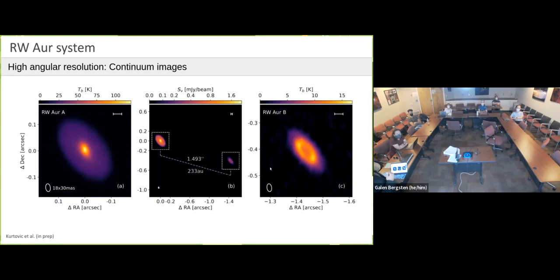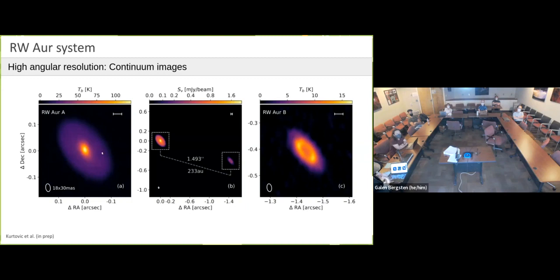The secondary disk, as you can see here on the right, has a ring somehow. And if you look at their brightness temperature, you can see that the brightness temperature of the secondary disk is much lower compared to the primary. So the secondary disk, for example, doesn't reach 20 Kelvin of brightness temperature in any part of the disk. So obviously this is not just something about the temperature of the midplane, but it could also have to do with the optical depth and the density of the disk.